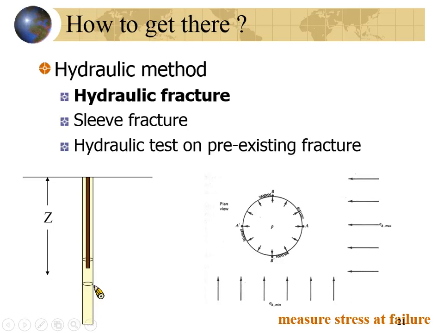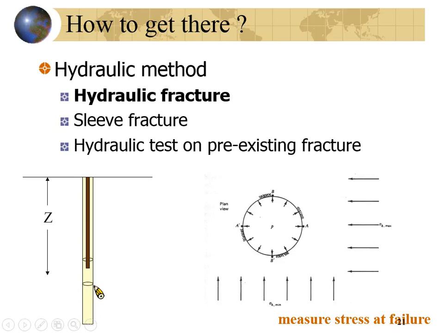I already taught you how to calculate the stress around the tunnel. When the pressure keeps increasing, the surrounding rock will be broken because of the tensile stress. When you apply a pressure here, the inner pressure will increase. If the pressure keeps increasing, finally the rock will fail because of the tensile stress.